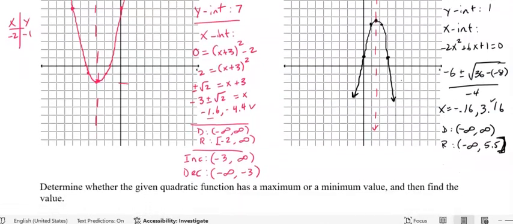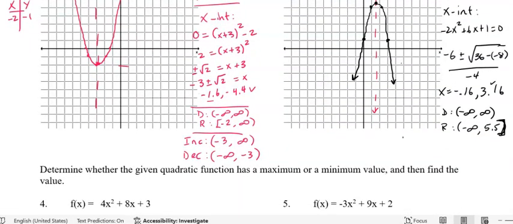And then I think the only thing left is increasing and decreasing. So this one is actually increasing from the left side from negative infinity to 1.5. And it's decreasing from 1.5 to positive infinity.